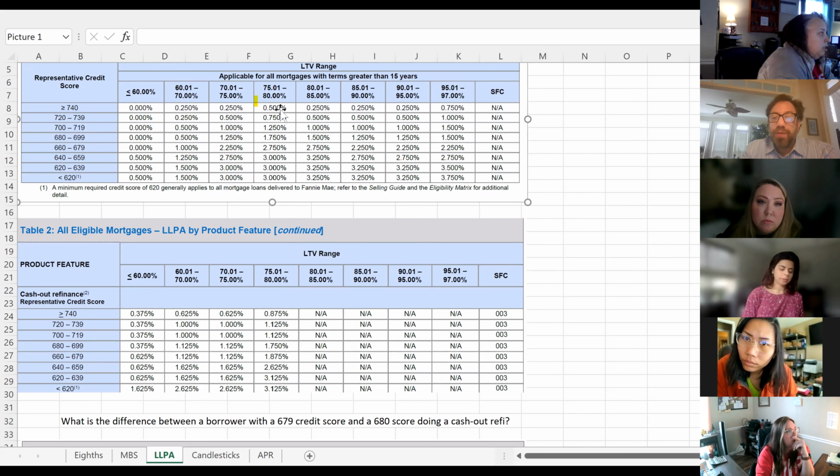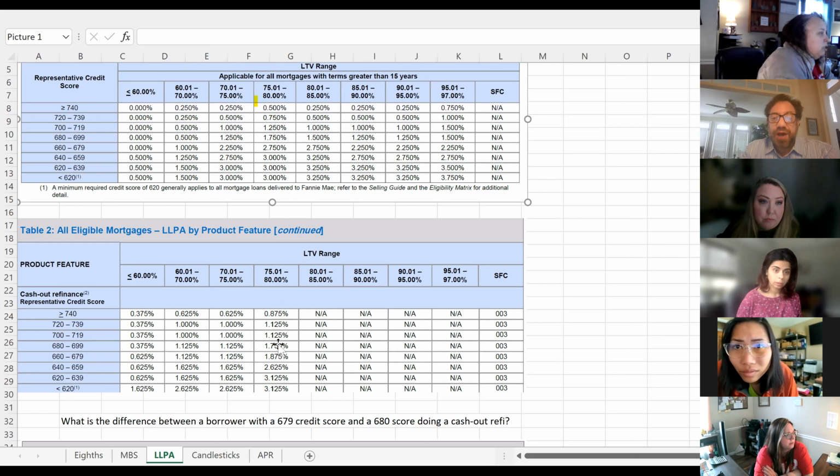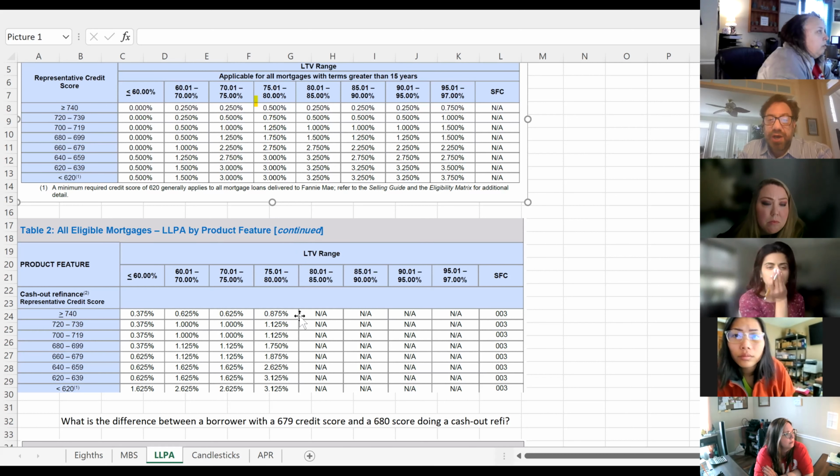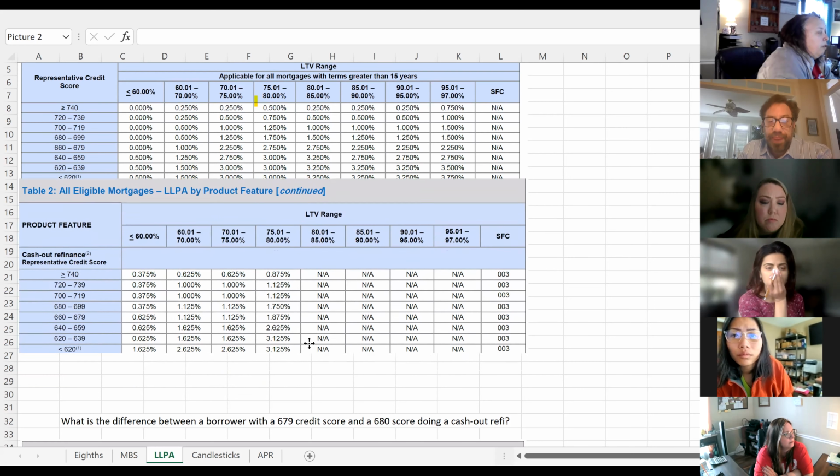So their hit's going to be 1.375. So you can see that if their credit score is low and they're trying to do 80% cash out, it gets super expensive. And, you know, those are higher risk loans. Does that make sense? Cash out, you got to add them both together.